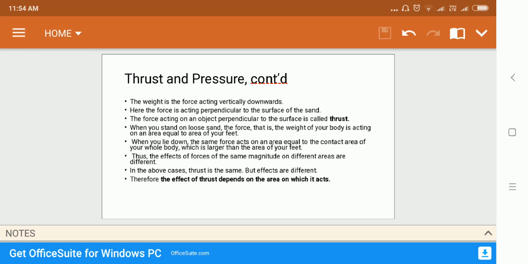Instead of your feet, now you lie down, so the contact area is much larger compared to your feet. So here the effect of forces of the same magnitude on different areas is different.